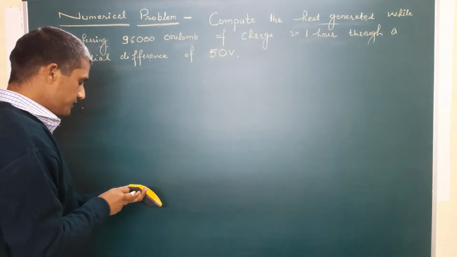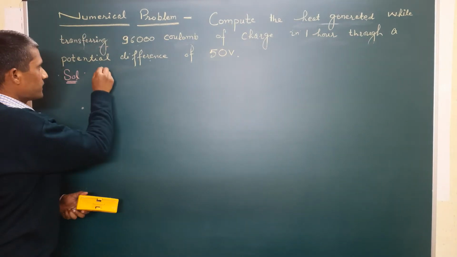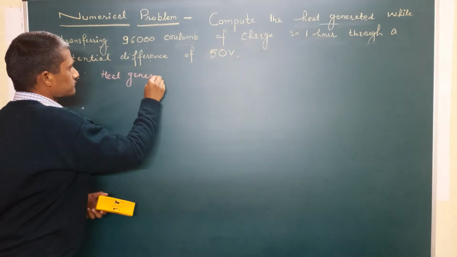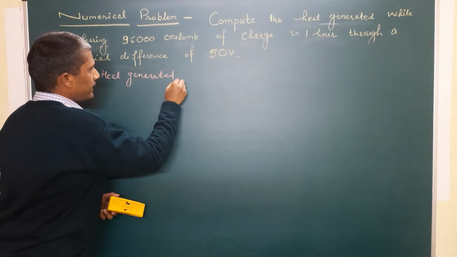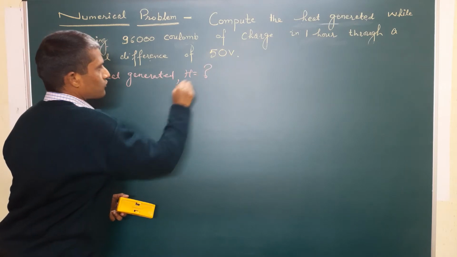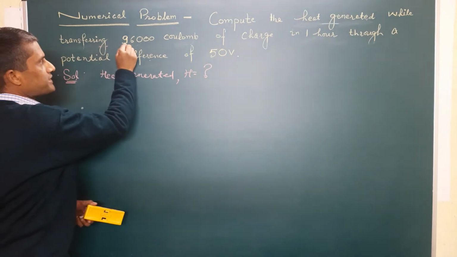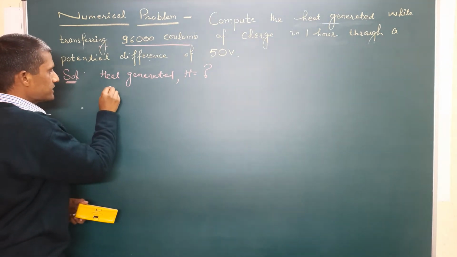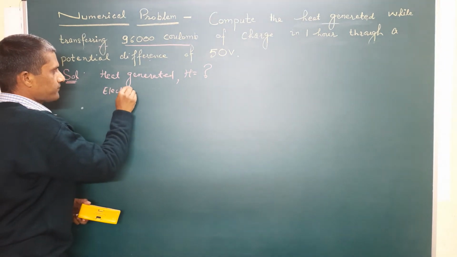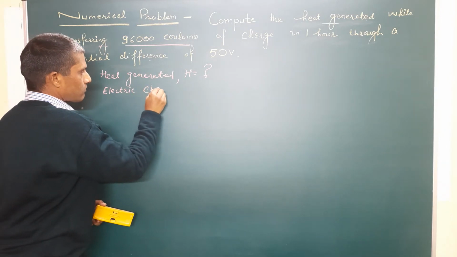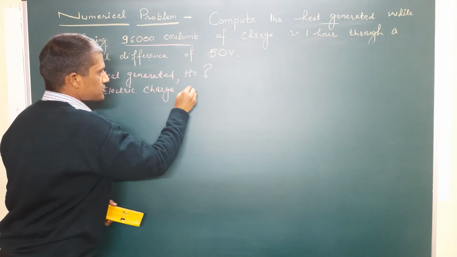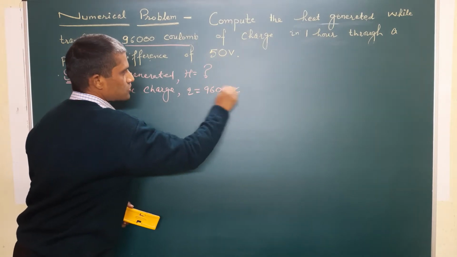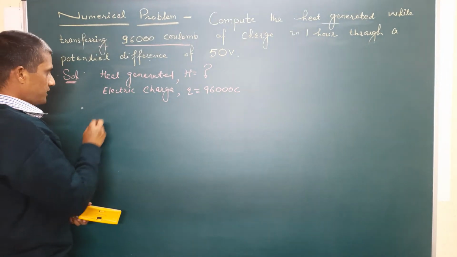Heat generated, H, is being asked, so H is equal to question mark. While transferring 96,000 coulomb of charge, the electric charge denoted by Q is 96,000 coulomb, in 1 hour.